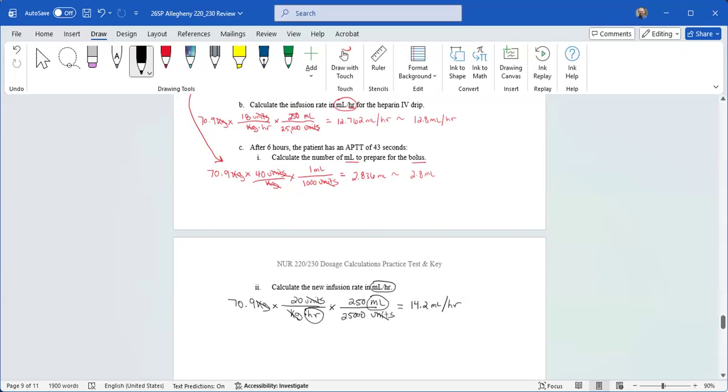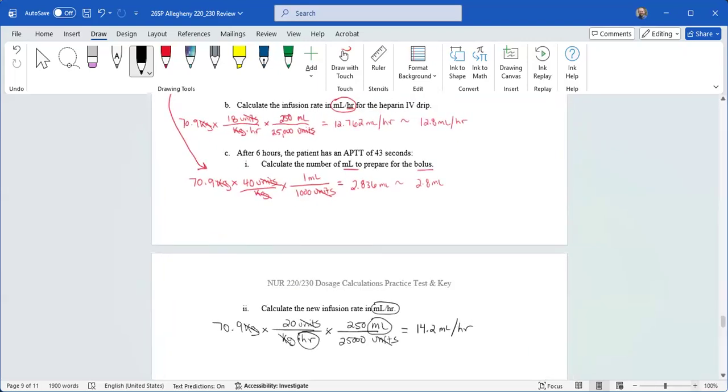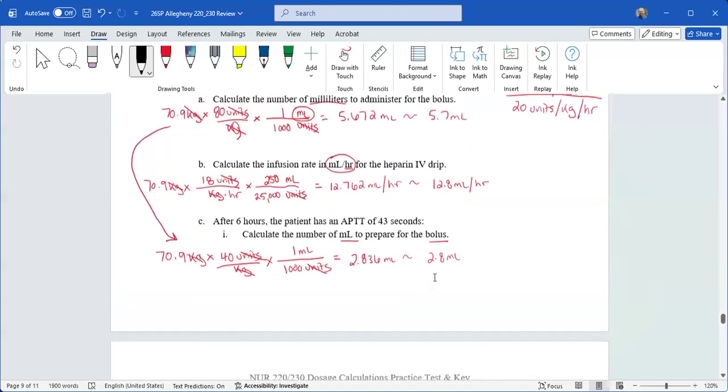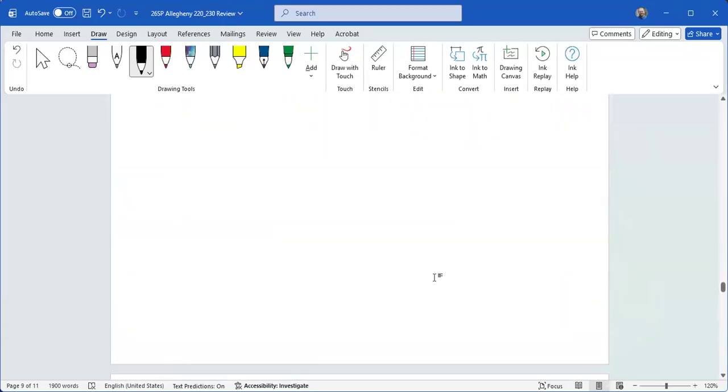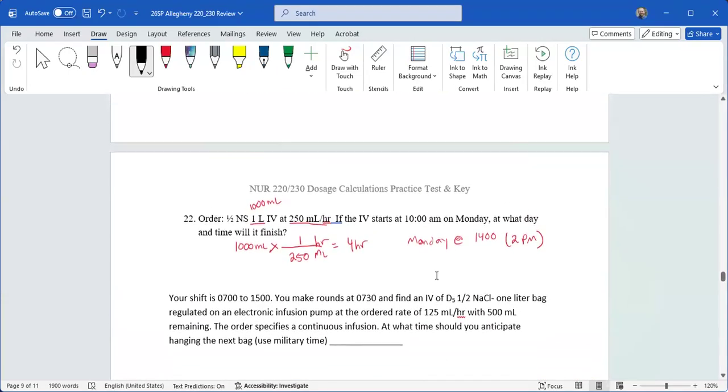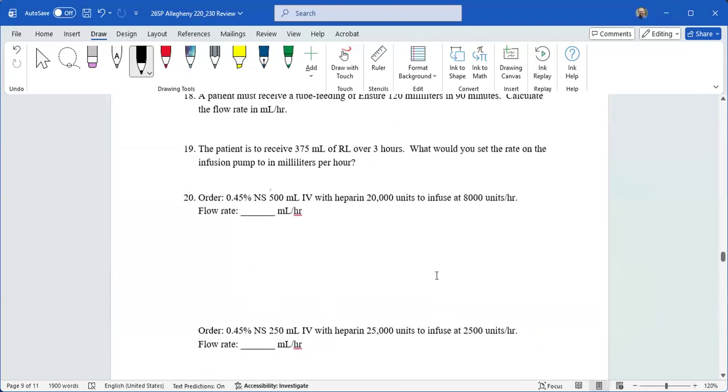Before I do that, I'm going to zoom back in. I want to mention something here. There's a couple of these questions that you'll see that I call workup questions for the heparin protocol.